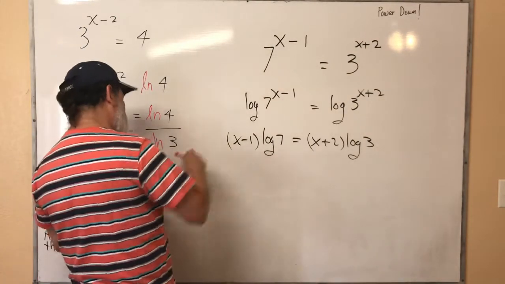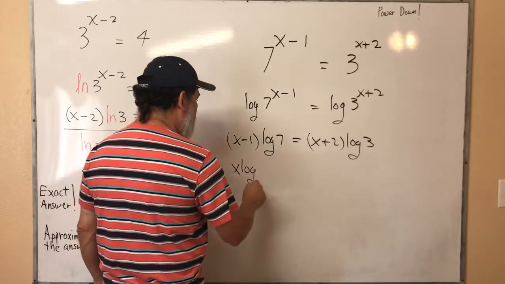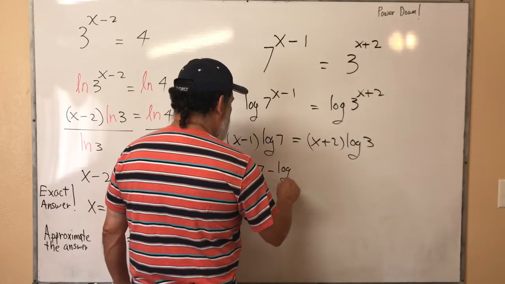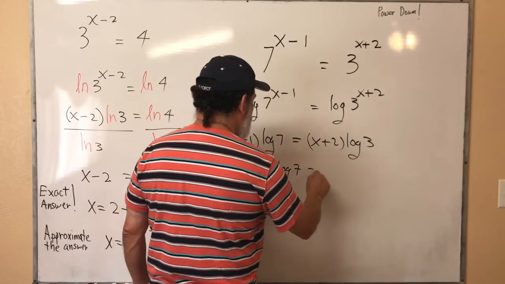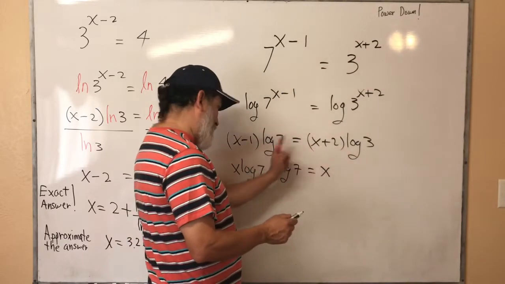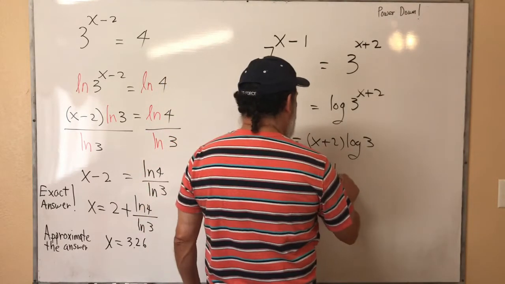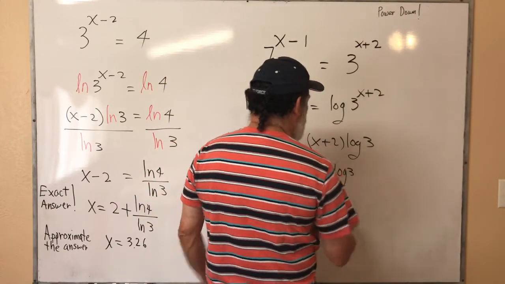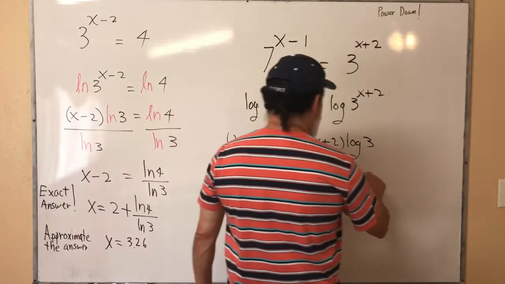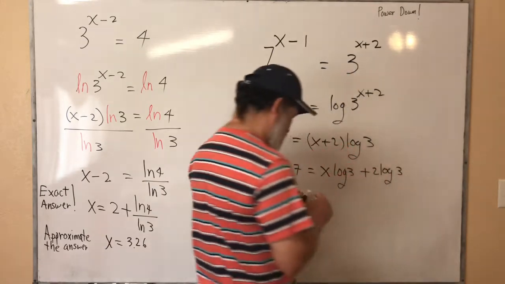So distribute: x log base 10 of 7 minus log base 10 of 7 equals x, log base 10 of 3, plus 2 log base 10 of 3.